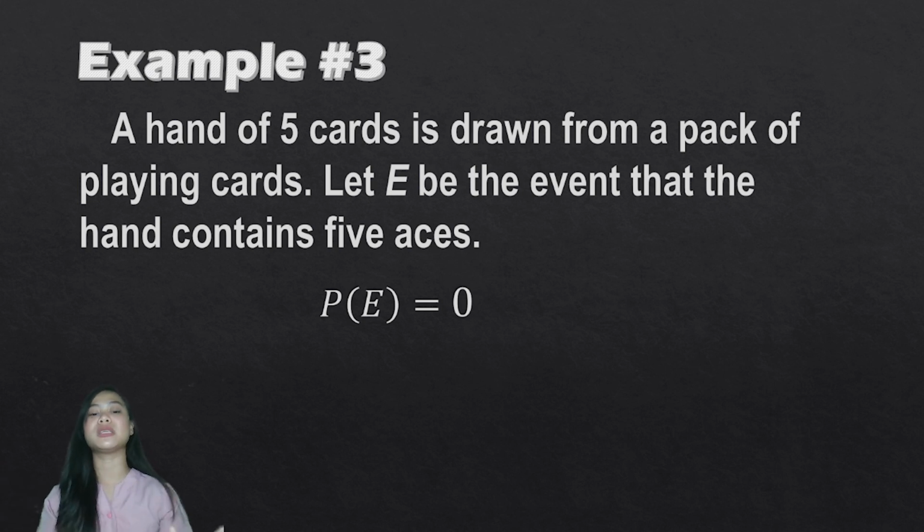So that means this is impossible, or the probability is equal to 0. So that's it for our lesson 2, which is all about the probability distribution of a discrete random variable and its properties.